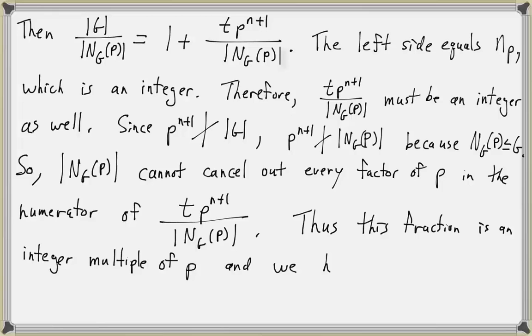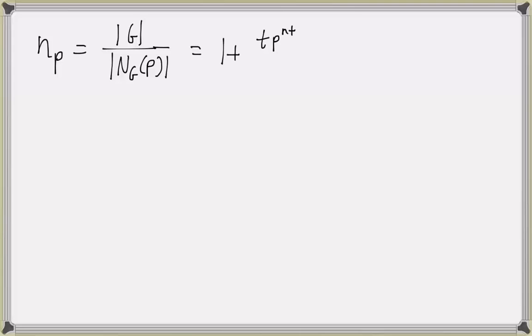And we have the following. The number of Sylow p subgroups, which we showed equals the order of G divided by the order of the normalizer of a Sylow p subgroup P, equals 1 plus t times p to the n plus 1 over the order of the normalizer of P. But this last fraction is an integer multiple of p.